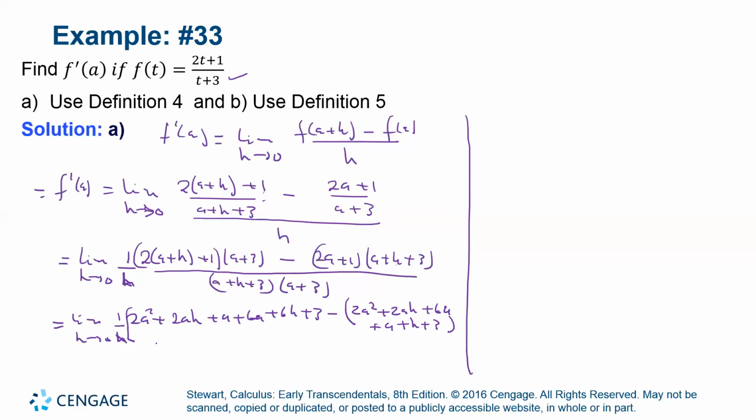Then everything here divided by the denominator, a plus h plus 3 times a plus 3.